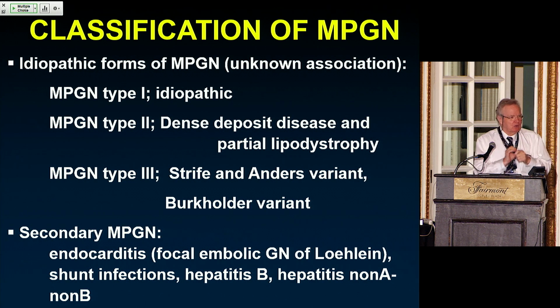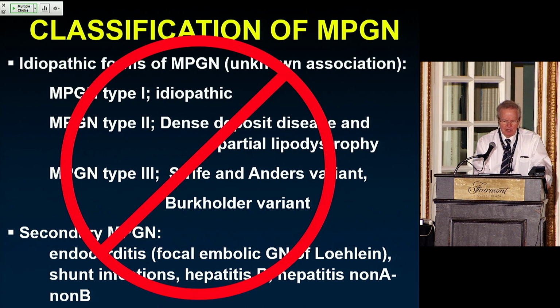It should not be used because it never is a definitive diagnosis of anything. You always have to dissect this pattern further. And therefore, I propose that this classification, which you will still find in many textbooks, should be eliminated. The same way the morphologic classification of focal sclerosis is completely useless. Here, the same is true.